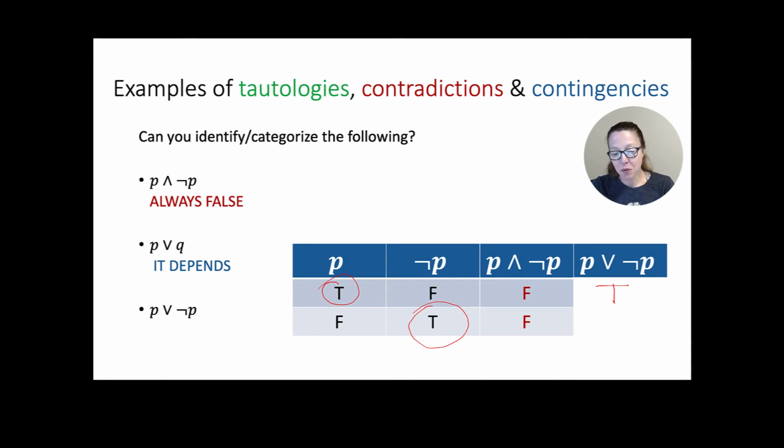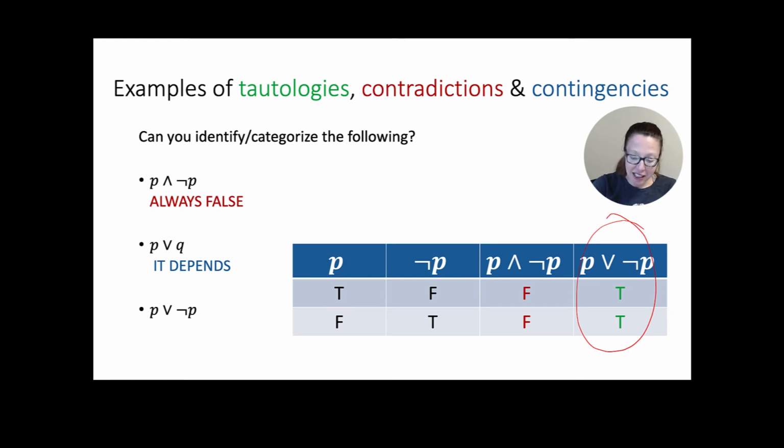And on the second row, we see that not P is true. And so P or not P is true. And so in every possible case, no matter how we assign the truth values, P or not P is always true. And because that's the case, that means this is an example of a tautology.